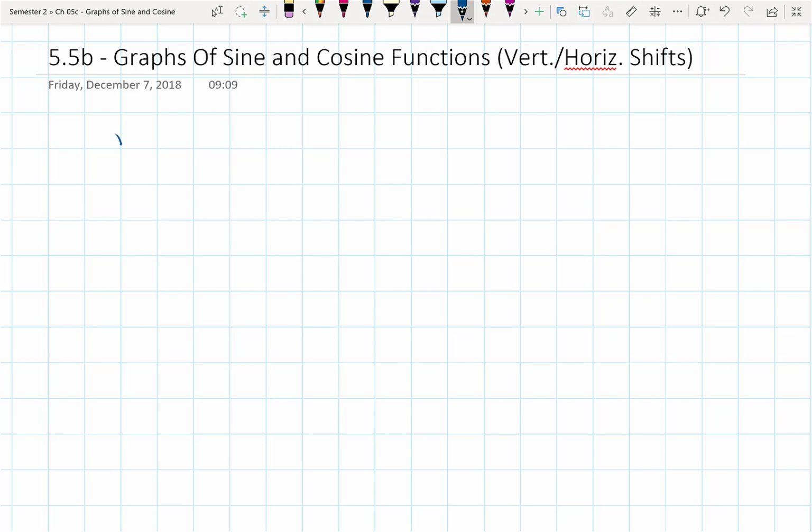First, my function form, y equals a sine bx, is going to be modified. I described yesterday that a acts as a vertical stretch.